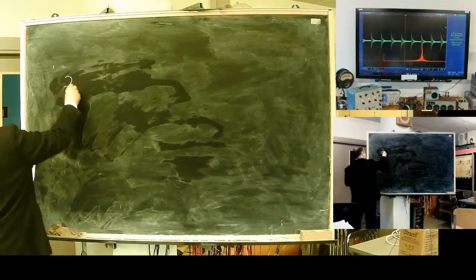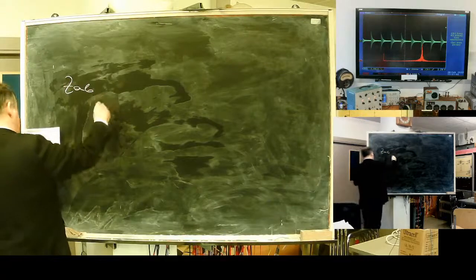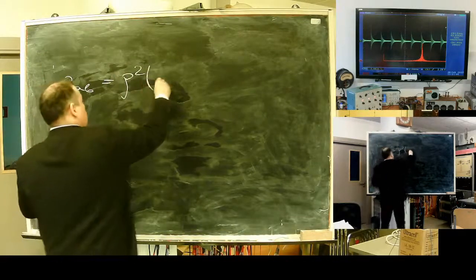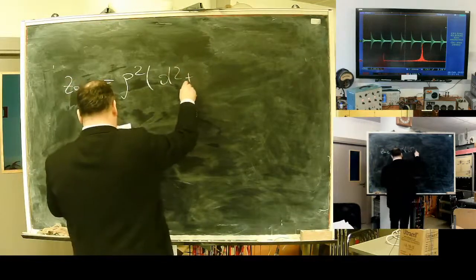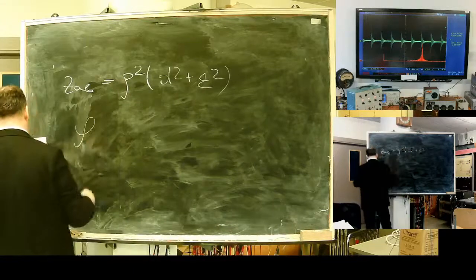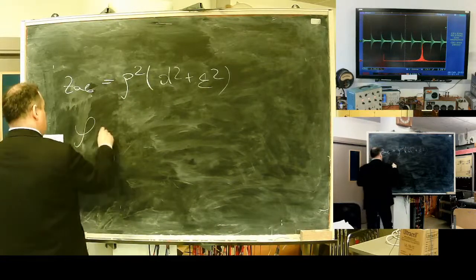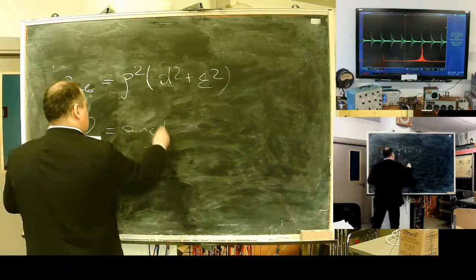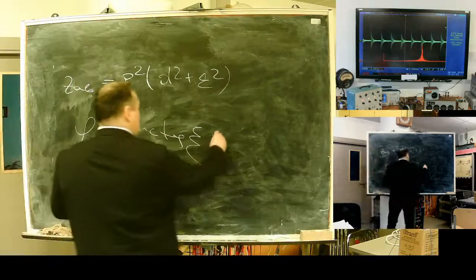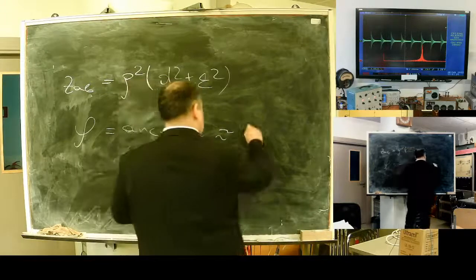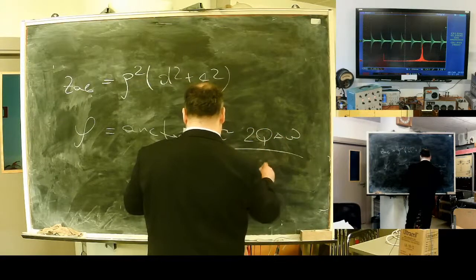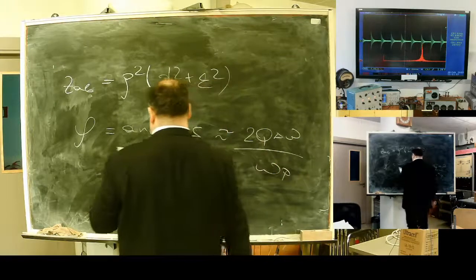So you can approximate ZAB as square root of R squared plus epsilon squared. Angle will be arctangent of xi, or approximately delta omega divided by omega 0.